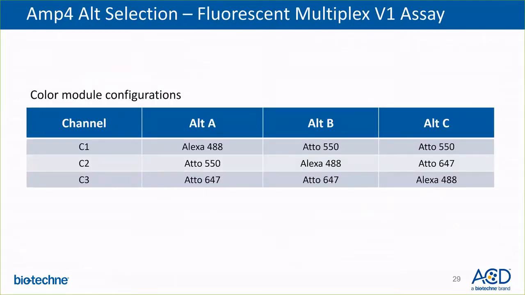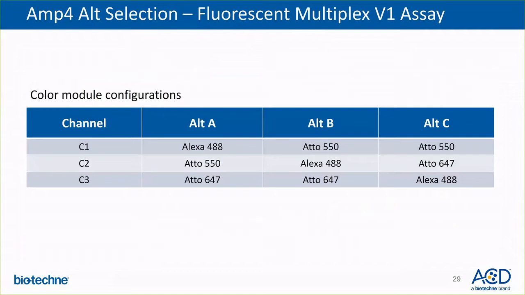Each AM4 alt option is a cocktail of label probes conjugated with fluorophores. For example, if you use AM4 alt A, your C1 probe will be visualized in Alexa 488. C2 will be visualized in ATTO 550, and C3 will be in 647.